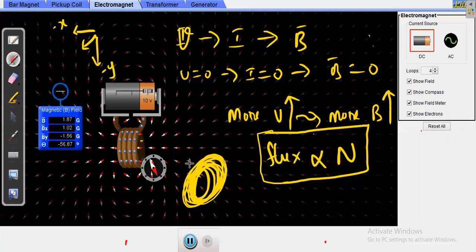That's why mostly we play with the number of turns in generators, motors and fan coils. How many turns will be there, approximately?